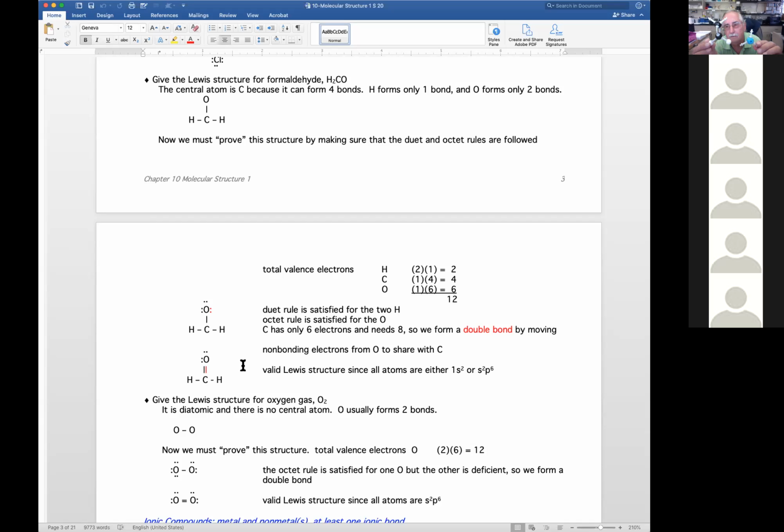You see that? This shape is flat, so we use the word planar, and trigonal. This is flat and trigonal. Does that make sense? Because that's the way that keeps the electron pairs as far apart from one another as possible.